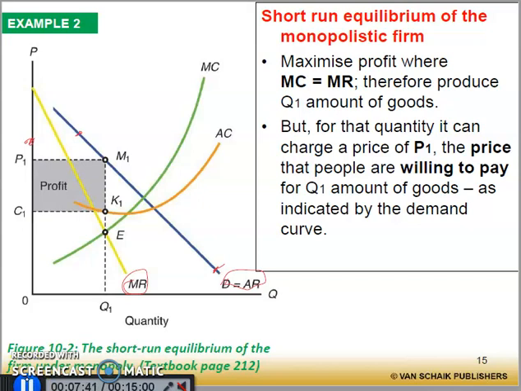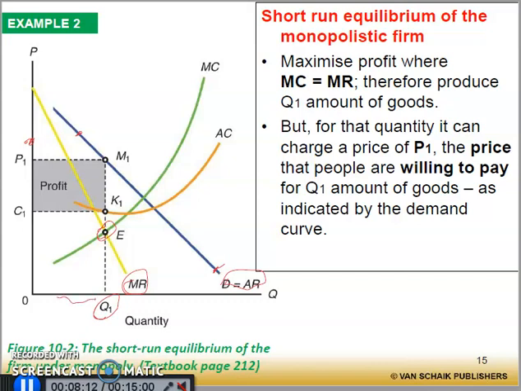To maximize profit or minimize loss, the monopolist has to produce where marginal revenue is equal to marginal cost. In this figure, this is indicated by point E, which points to an output of Q1. At a lower level of output than Q1, the firm's marginal revenue is greater than its marginal cost.